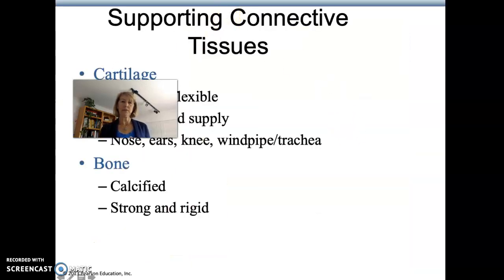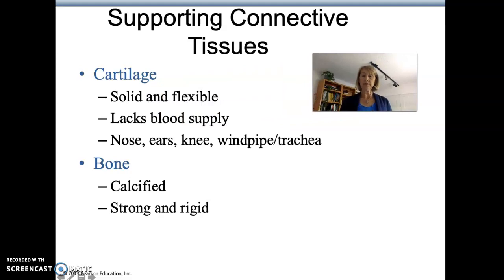Supporting connective tissues. So here, cartilage and bone. What? They're a tissue? Yeah. Cartilage and bone are connective tissues. Cartilage is soft and flexible. It doesn't have a whole lot of blood supply. You have it everywhere. You have it at the end of your long bones, cushioning those bones and joints, in the nose, in the ears, lots in the knee.